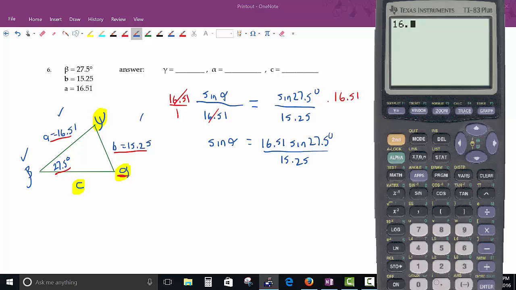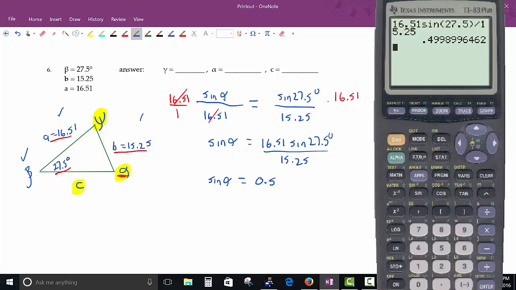So 16.51 sine of 27.5, and divide that by 15.25. Remember, if we're going to do an inverse sine, the answer to this calculation has got to be between -1 and 1. This time it's around 0.5. So let's just round this to about 0.5, like that. Okay?